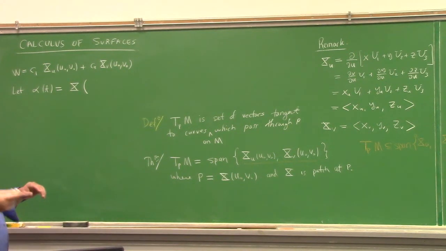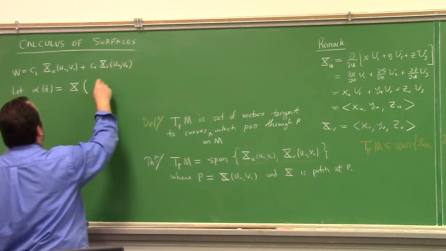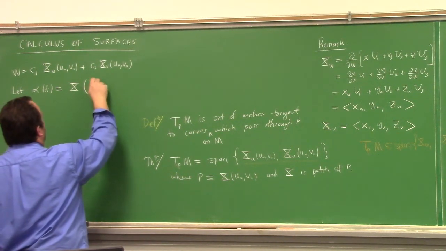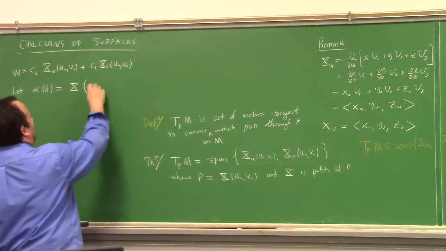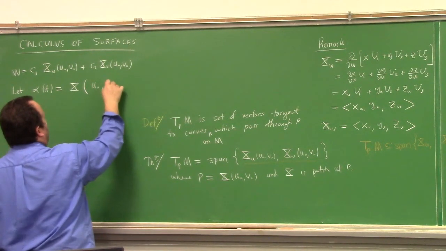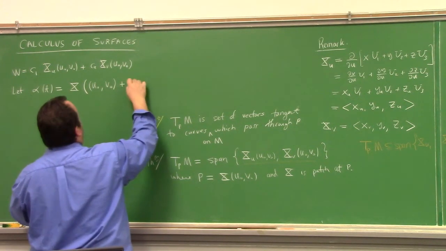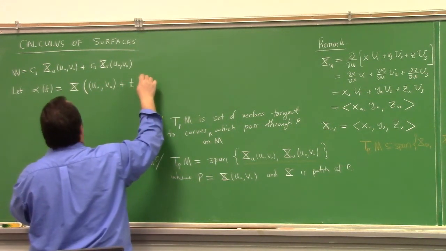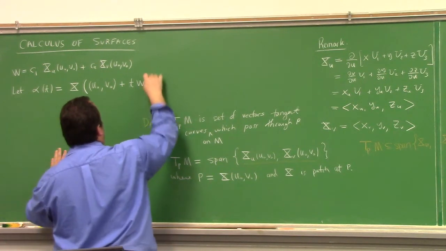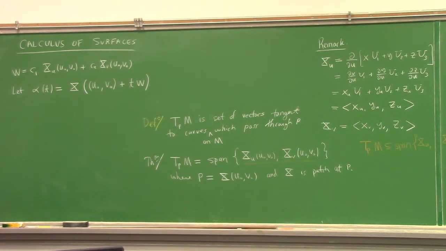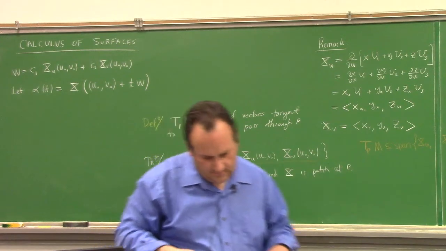Now here's the sneaky part. X of (U naught, V naught) plus t times W. Does that make sense? I don't know if that actually makes sense yet.